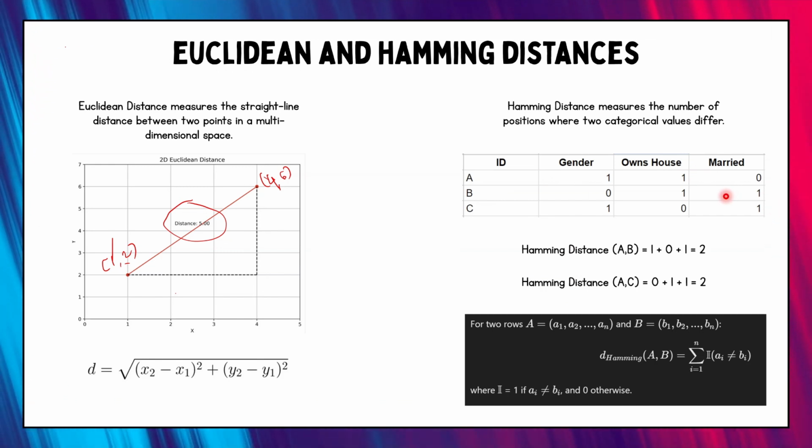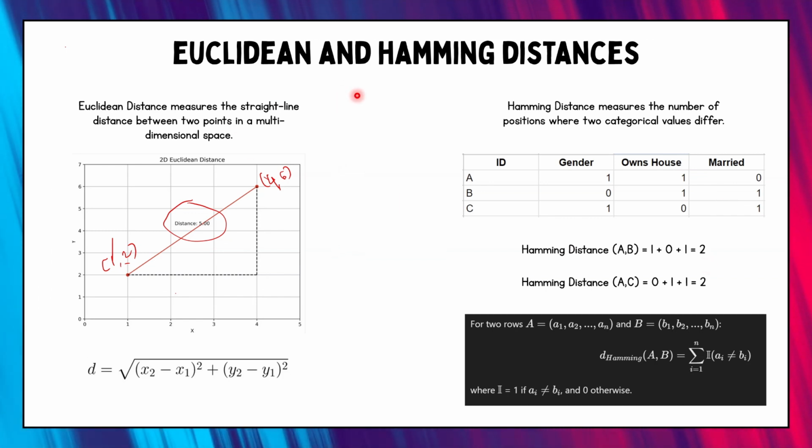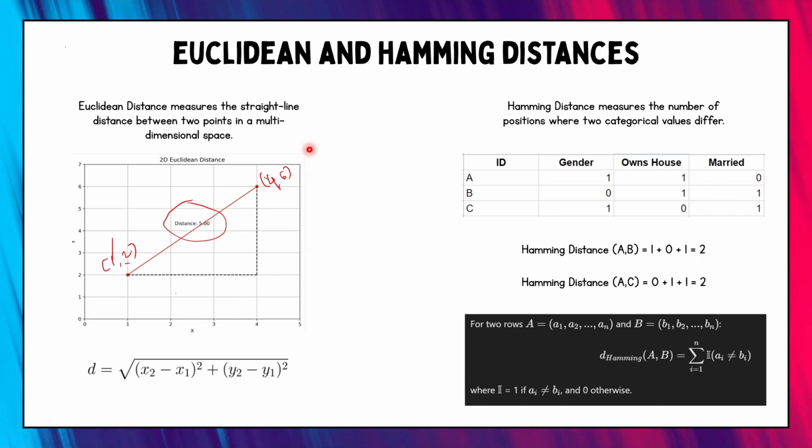Because it's the same data point. So this is a high level view of Euclidean distance and Hamming distance. Hamming is what's being used to handle the categorical columns, and Euclidean is what's being used to handle the numerical columns in K prototypes clustering. Move forward.